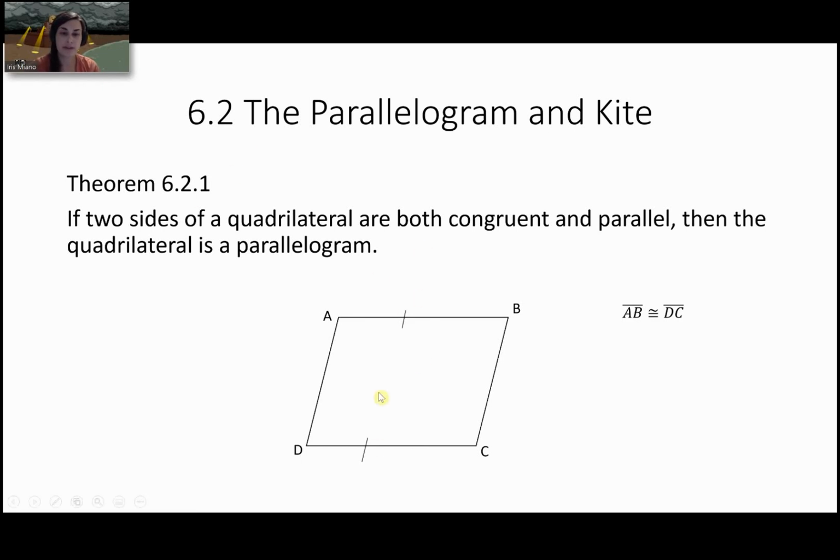So here's them being congruent, and I'm choosing line segments AB and DC in this illustration, but I could have easily also illustrated this with the other opposite sides of the quadrilateral AD and BC. Okay, but for the purposes of just illustrating this theorem, I've chosen AB and DC.